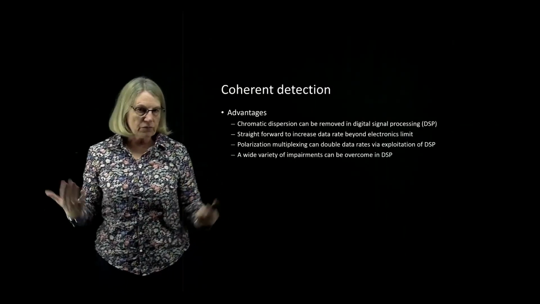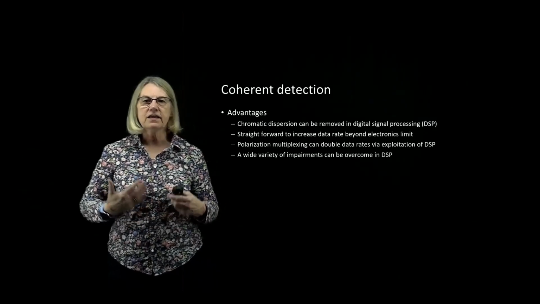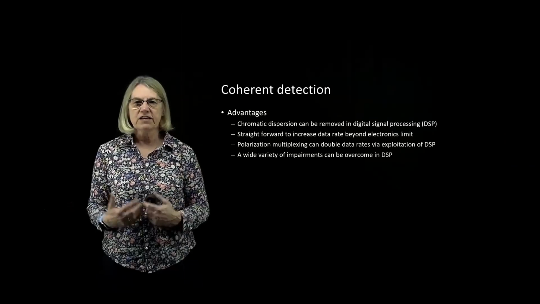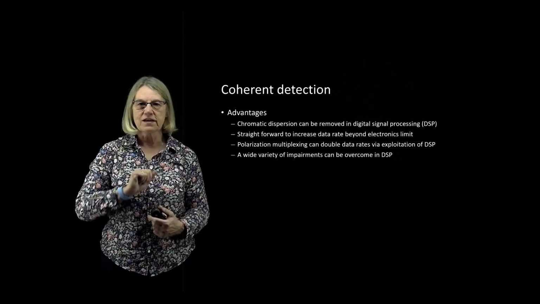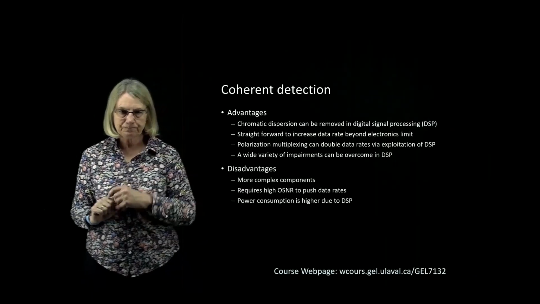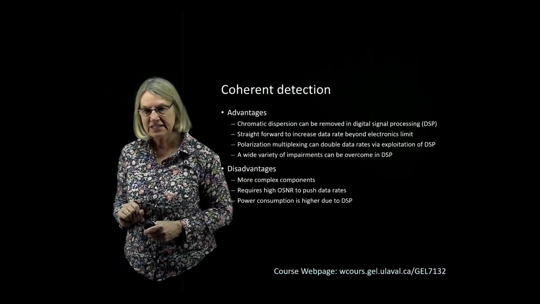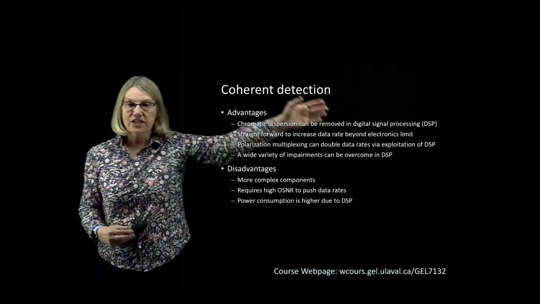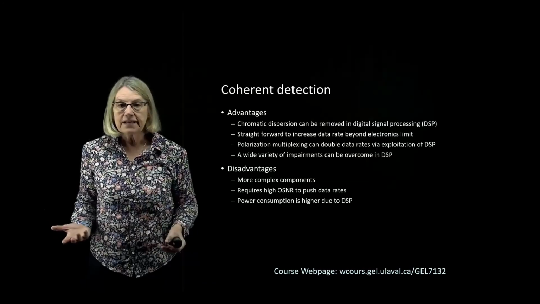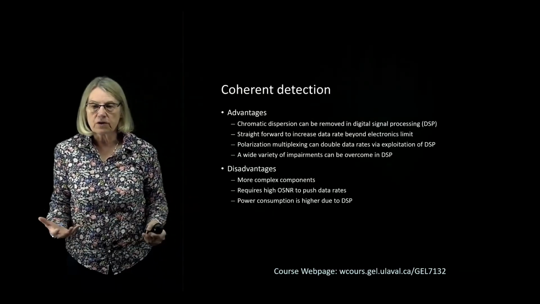Part of the reason that coherent detection took over is that the computational power, the cost, and the size of the electronics to do the digital signal processing have come down significantly. Of course, there's nothing for free. There are disadvantages also to coherent detection, and all of this digital signal processing I'm mentioning certainly is going to bring more complexity, and power consumption I mean here due to this digital signal processing.